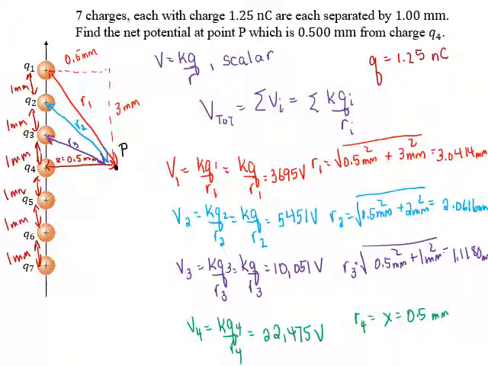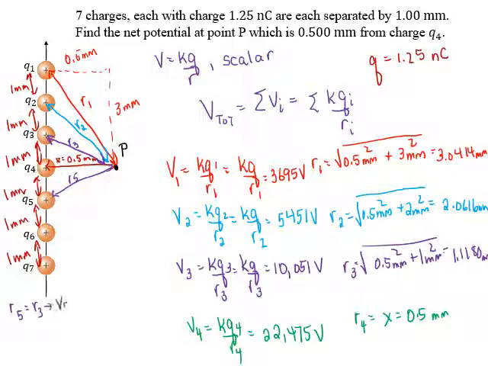Okay, next we got lots of symmetry going on down here. So let's go to charge 5 next. So charge 5 has a distance of R5 from my point. R5 is the same length as R3. It's the square root of 0.5 squared plus 1 millimeter squared. So R5 equals R3.